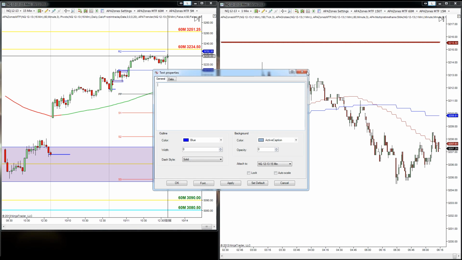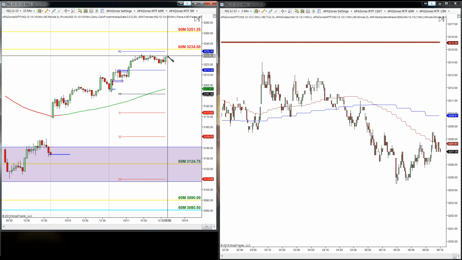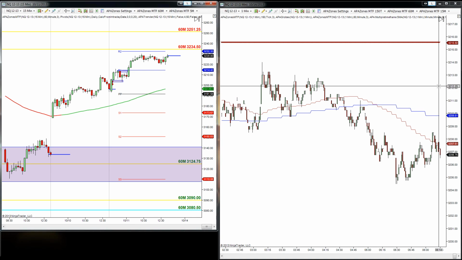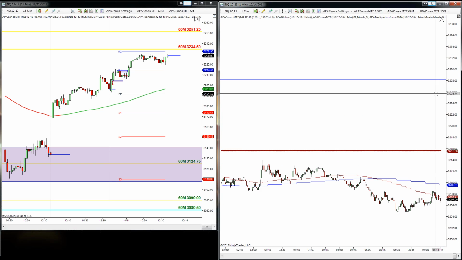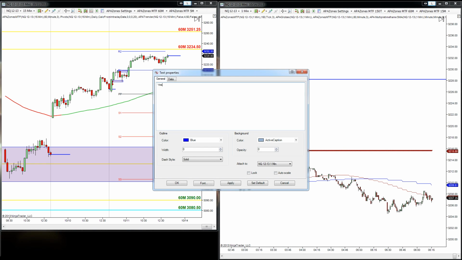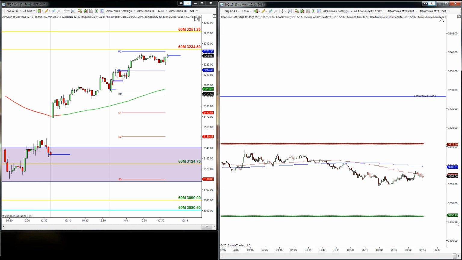So I take the close in that bar, which is somewhere up here. And then I look for trend lines.